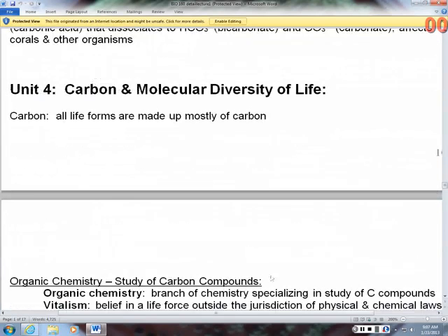Okay, so in Unit 4, this organic chemistry study of compounds was one of the things on the list to study. So it's the definitions in that section that you want.